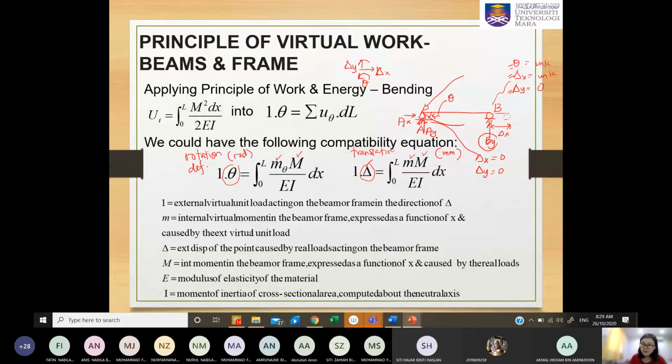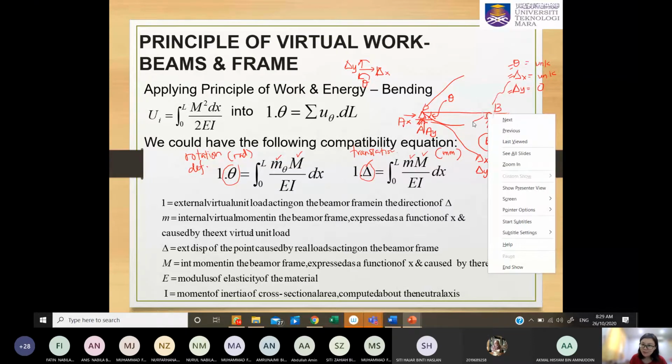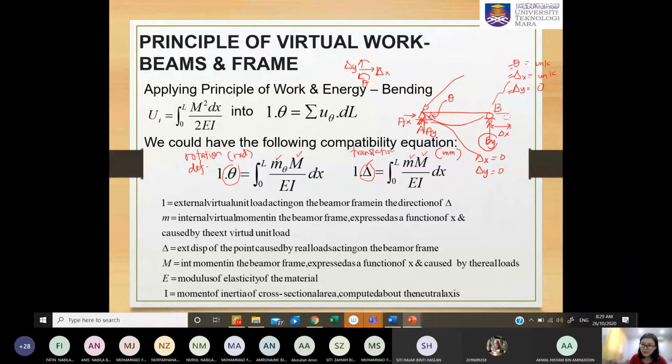And of course, because this is simply supported, I'm drawing another part of this deflected shape. Now you can see that we also have a rotational displacement at this B, and of course it is unknown. We need to determine it.